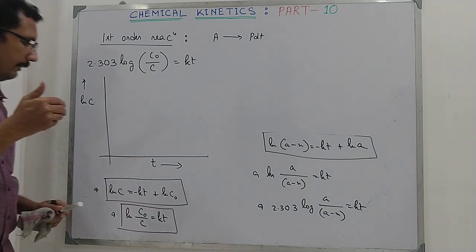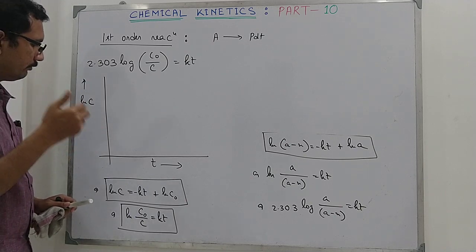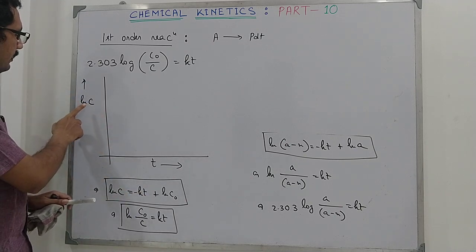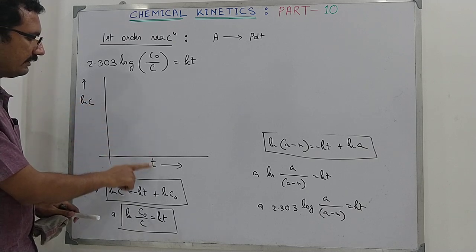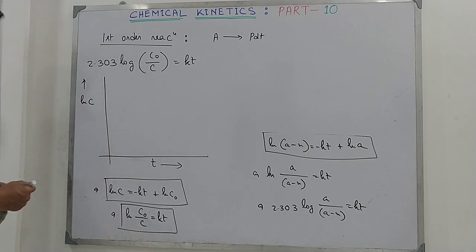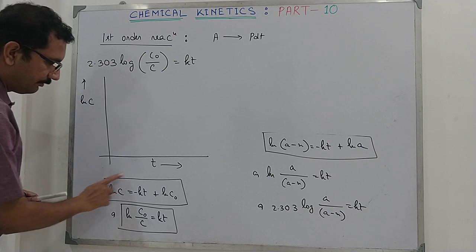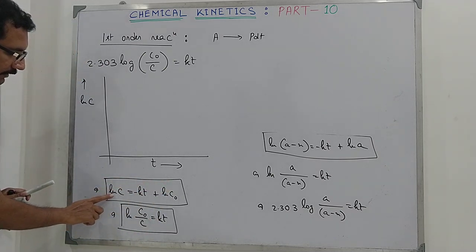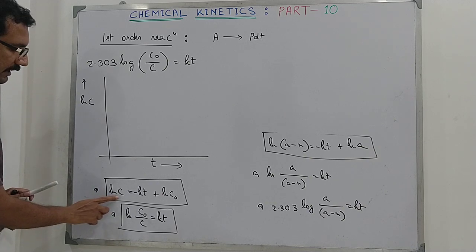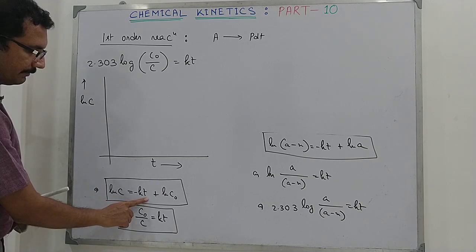So we intend to show the variation of log natural of the concentration of the reactant over time. Now for this we must use this equation, since this gives us the variation of log natural C with time.